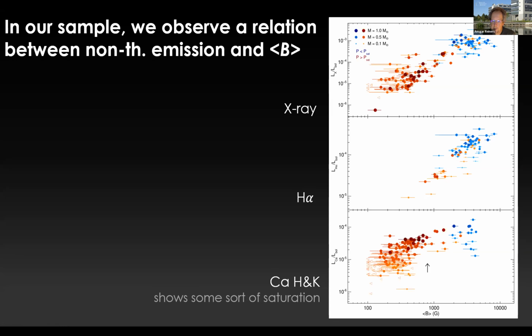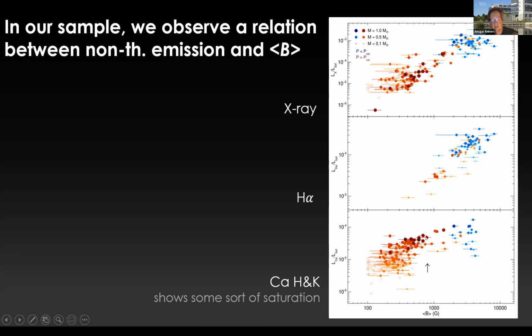This might be rather interesting, and our takeaway from this is that there's some saturation in the generation of calcium emission, because what we did to produce the other plot, and I will jump back in a second, we were sort of assuming a maximum field strength, so that calcium emission does not grow stronger after the field has reached a value of 800 Gauss on average.